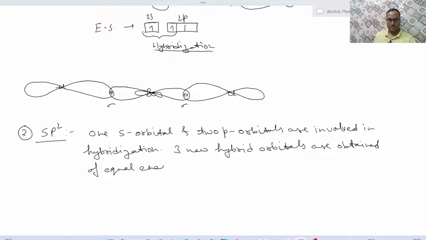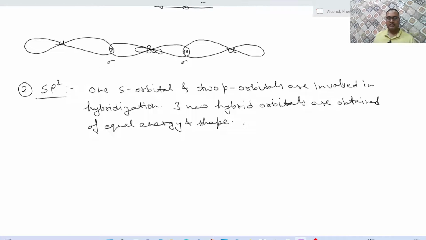Now these three orbitals are going to align themselves in three dimensions in such a way that they will have minimum repulsion and maximum stability. So suppose we have three hybrid orbitals, then they will align themselves at an angle of 120 degrees to each other, meaning trigonal planar, like this.